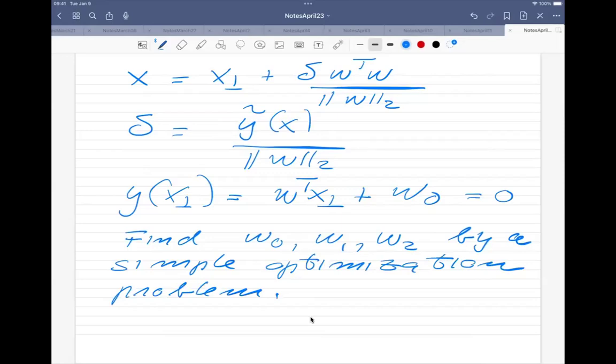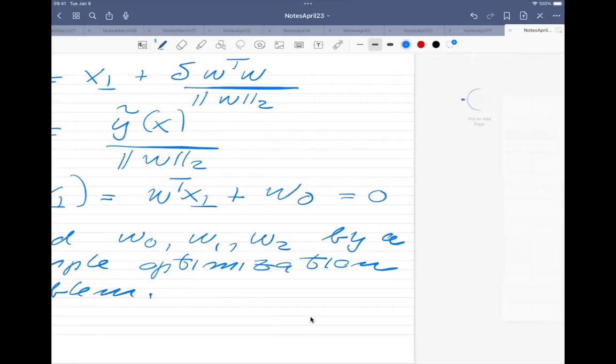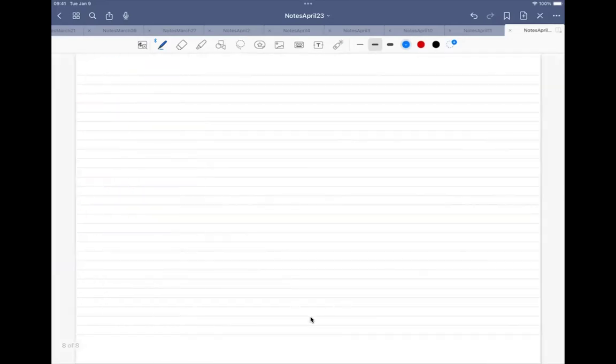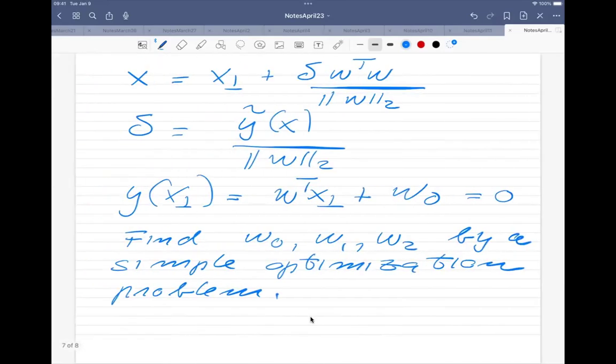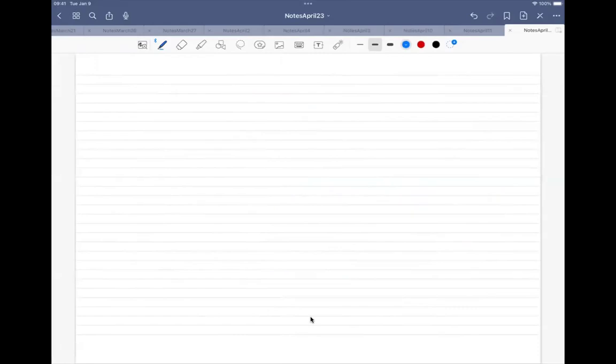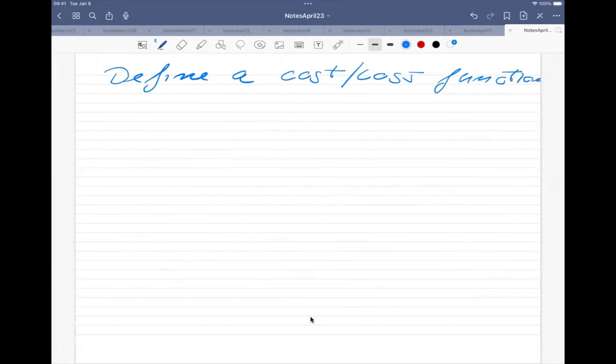So what we could do now, if we look at the problem which we have, is to define a cost or loss function which contains all misclassifications.